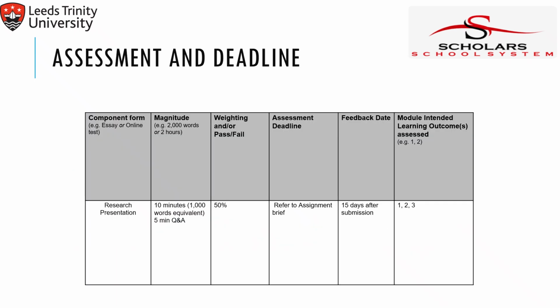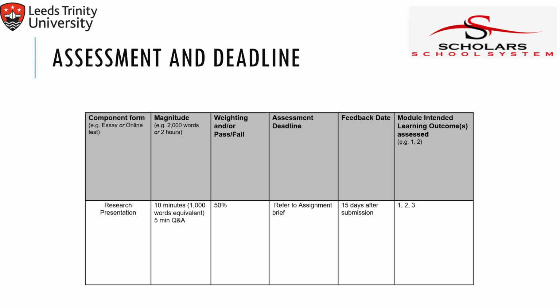So let's talk about the assessment and deadlines during semester 1. During semester 1, students have to complete one research presentation that is basically 10 minutes. The students have to present, and for 5 minutes they have to defend their work by answering specific questions. It's a total of 1,000 words equivalent.